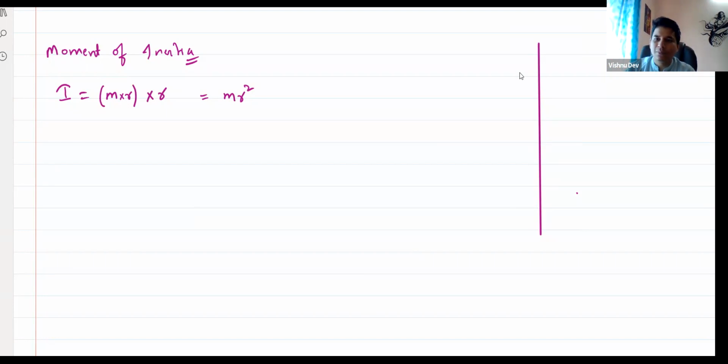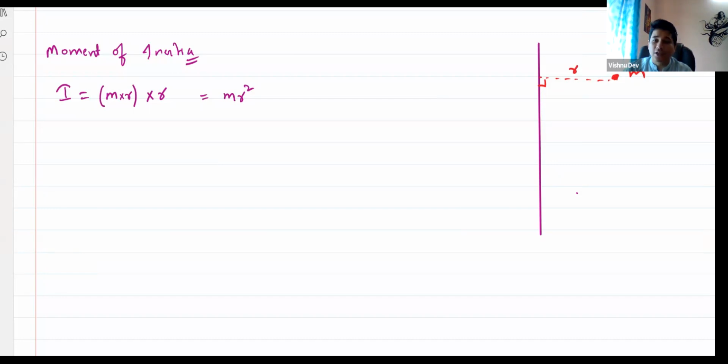So I'm considering a mass m, which is at distance r, right? And this should be perpendicular, because when we talk about distance, it's a perpendicular distance. Yes or no?